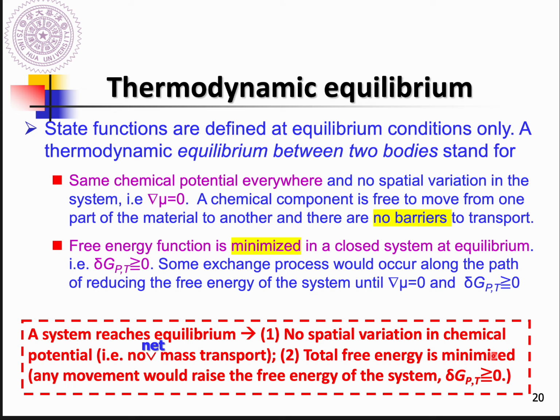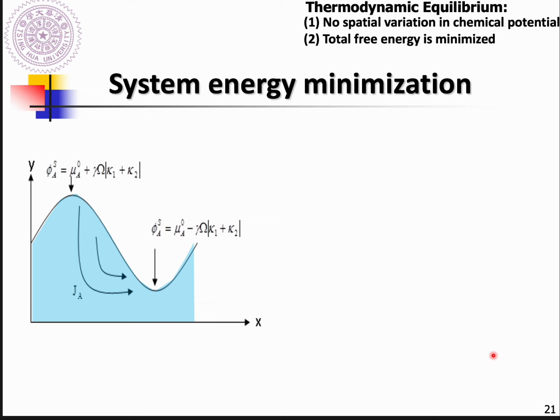Next, I'm going to provide two examples, and hope you can determine whether they are in thermodynamic equilibrium or not. The first case is a material with curvature like this.